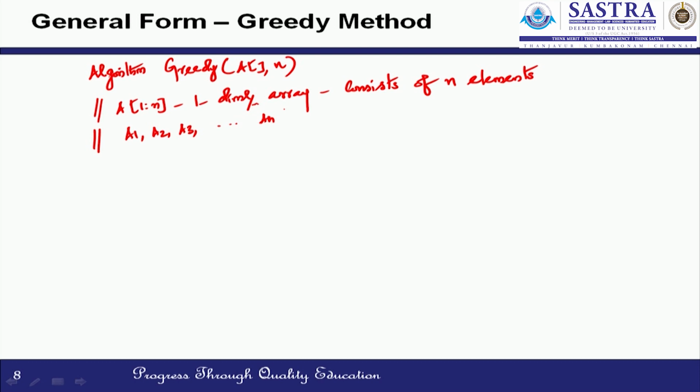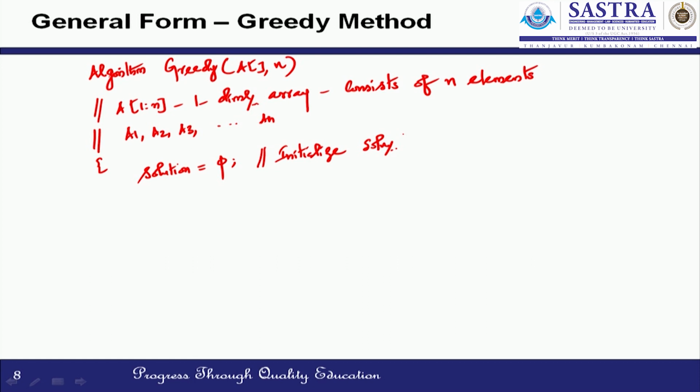The greedy logic tries to find out a solution. So initially the solution is set to phi, that means null. Initialize the solution vector. Initially solution is set to null, right?